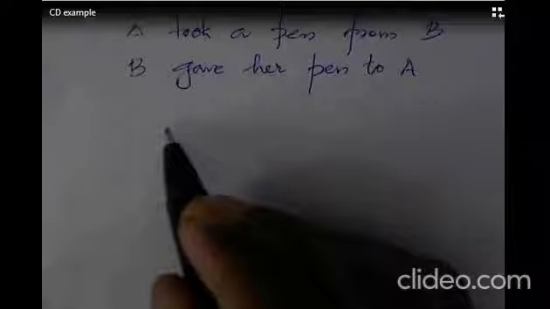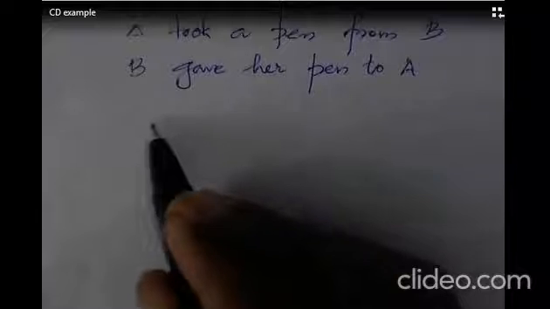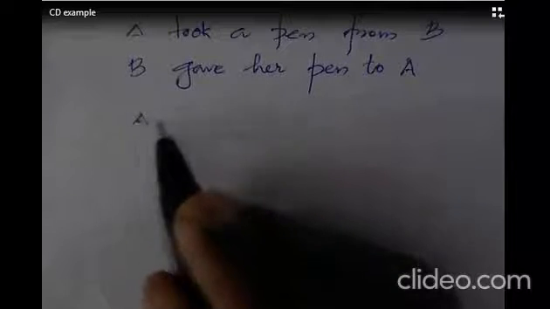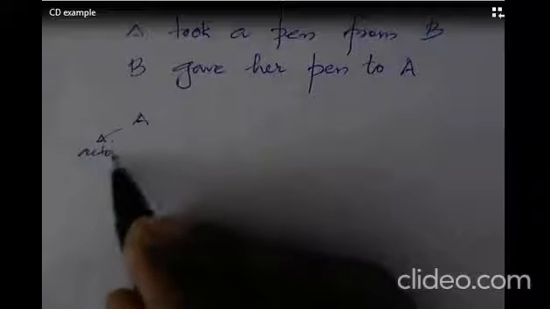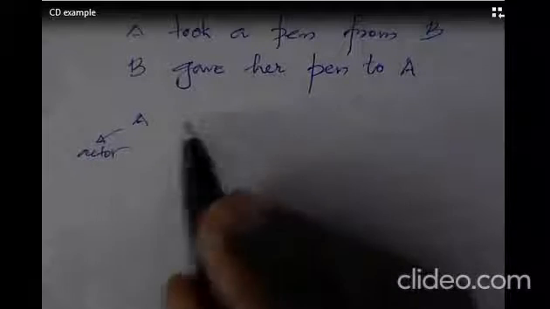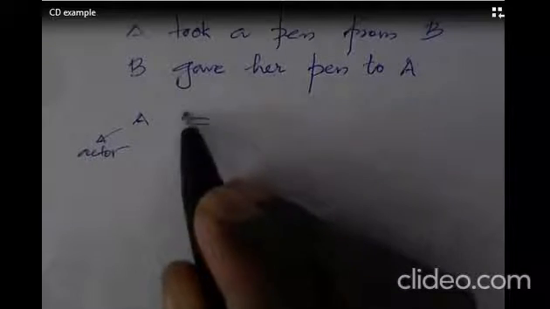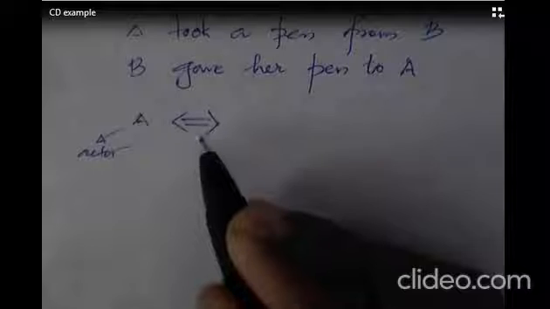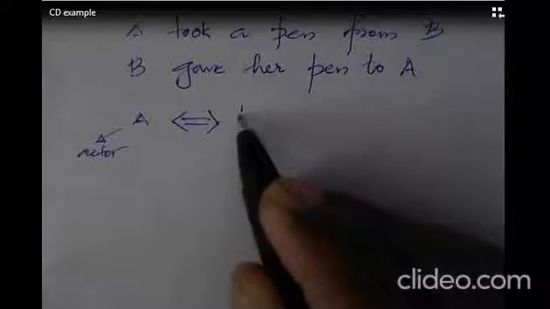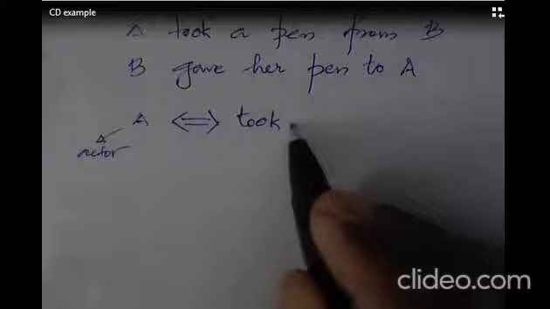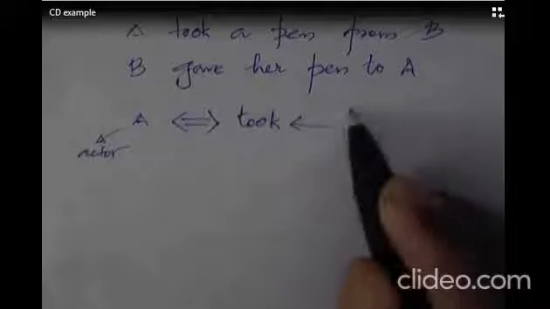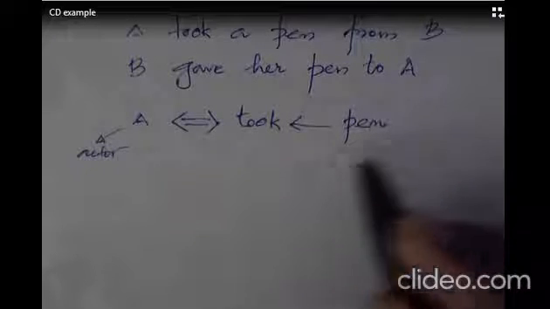So the first sentence can be represented as A, which is an actor or agent. The pen can move from one side to other in any direction, so we are using a bi-direction arrow. Then took is the action on pen, which is the object.